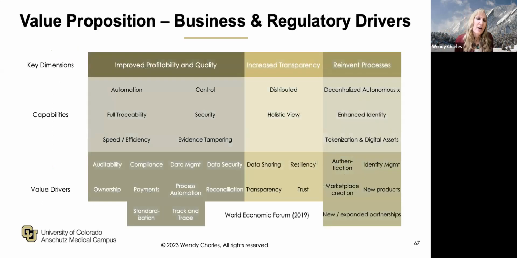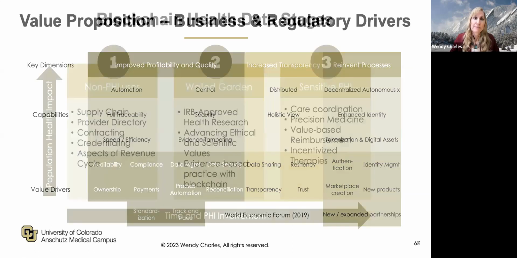And a good way to start is by asking, what is the value proposition that an organization is trying to achieve? Blockchain isn't for everything. So if we can identify the key dimensions that an organization is trying to achieve, we can determine whether blockchain offers capabilities that could help, and addresses very specific value drivers that we can build into our return on investment and some of our specific metrics and measurables.